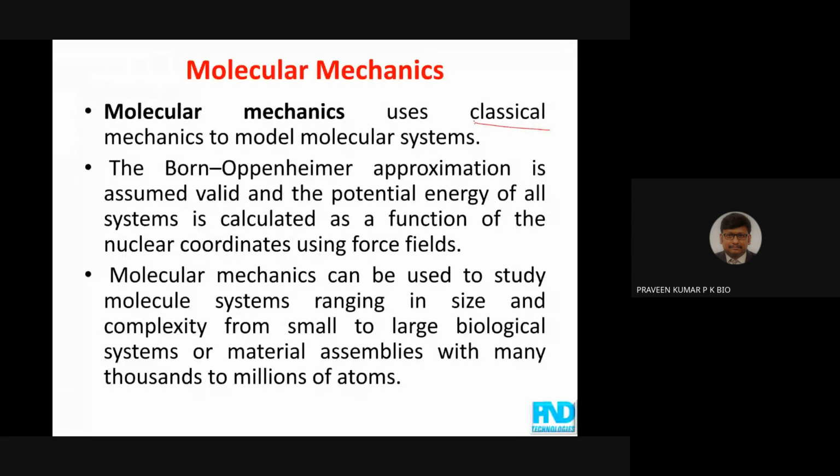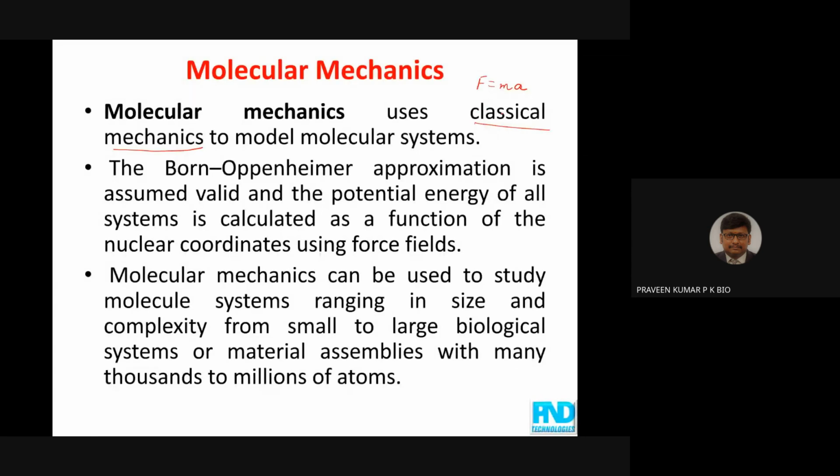So I was mentioning that molecular mechanics can be broadly classified into three types. The first type is classical mechanics. In classical mechanics, we study Newton's law of motion, that is, F equals mass into acceleration.